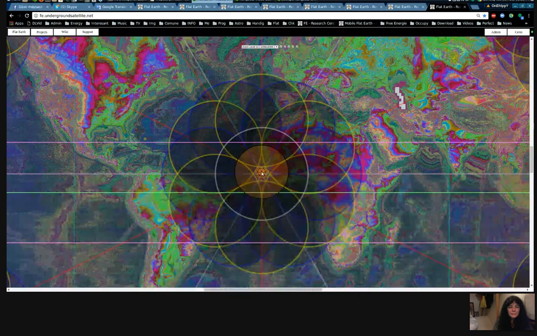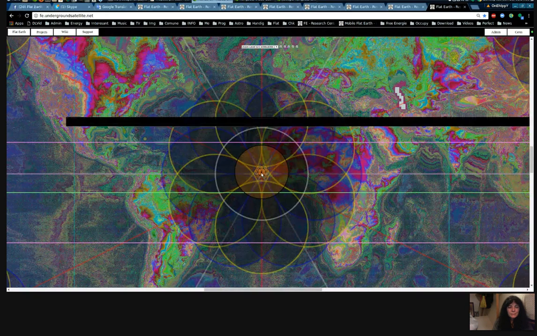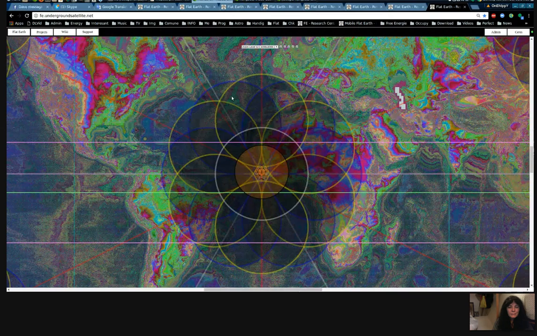The flower in the heart, almost in the center of the heart, is the golden ratio between the Tropic of Cancer and the equator. And it pretty much lines up with the tree of life, the heart of the tree of life.